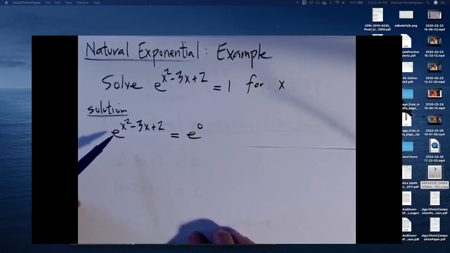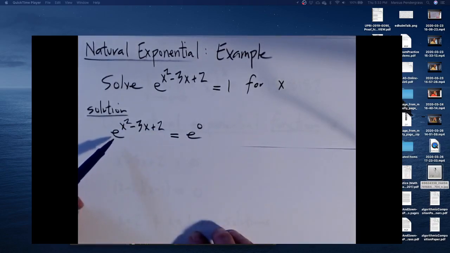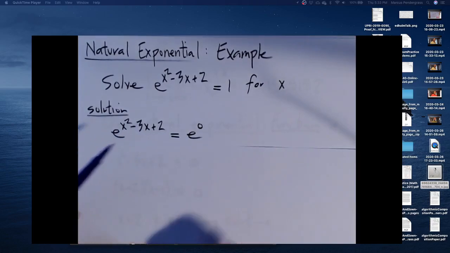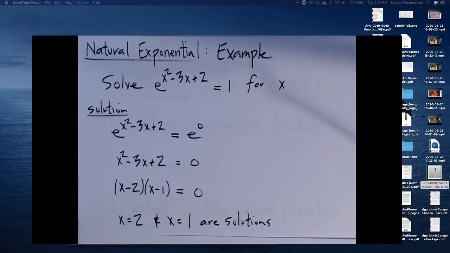And now, again, we've got two exponential expressions that are equal, same base, and so the exponents have to be equal. So I get x squared minus 3x plus 2 is 0. Now that's a quadratic equation, and this one actually factors pretty easily into x minus 2 times x minus 1 equals 0, and therefore x has to be either 2 or 1. So our solutions are x equals 2 and x equals 1.